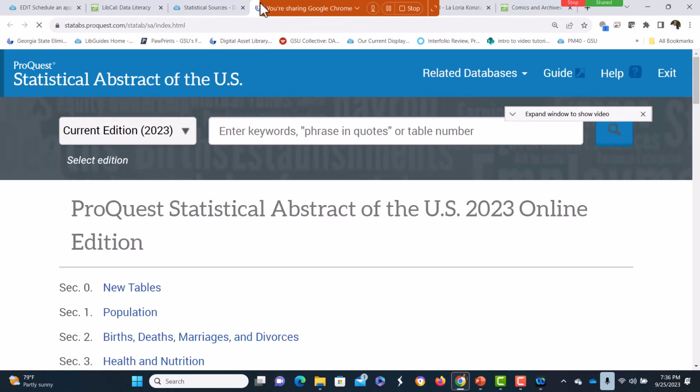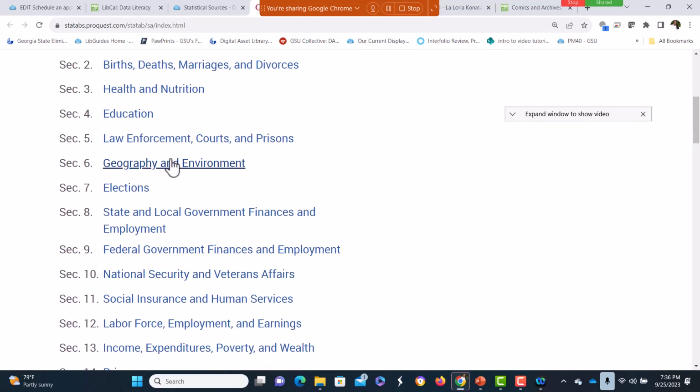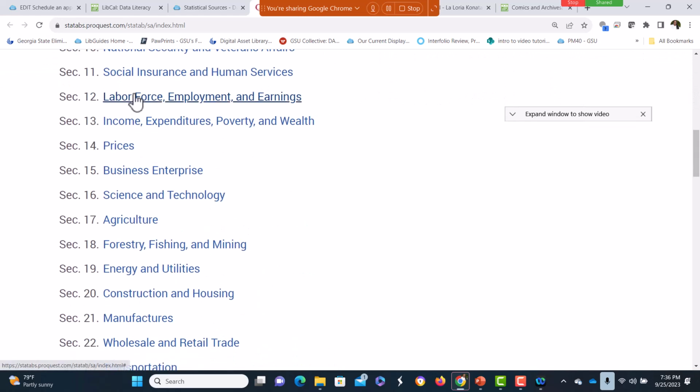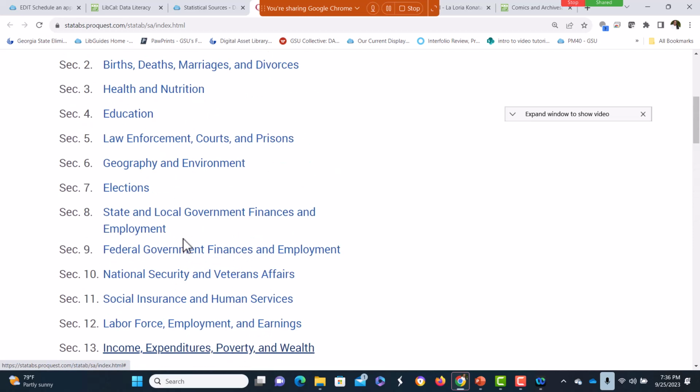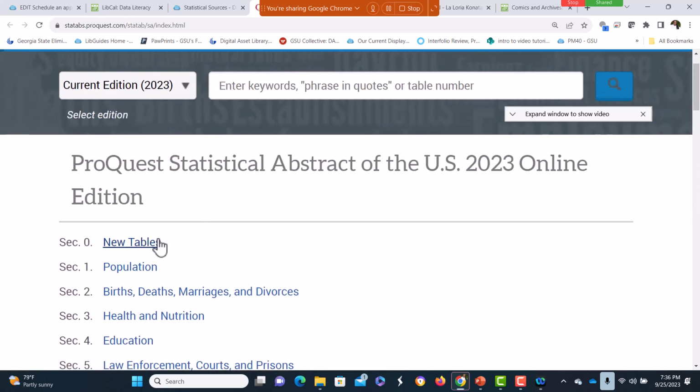This one is the first one that I like to go to for most tables. And notice here you have all this basic information that covers a lot of areas. And most of this is data from the government.